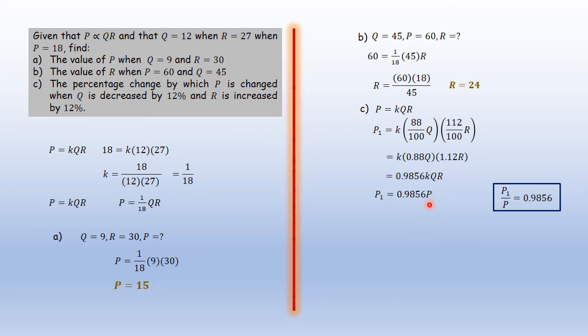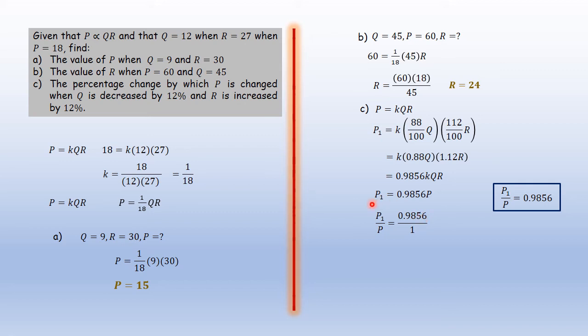Now with that, another thing should be observable from there. Please notice that if I divide both sides by P, I'm going to get P1 over P is equal to 0.9856. Having divided every side, notice that what we have before the equal sign, of course, is P1 over P. But 0.9856 is the same as 0.9856 over 1.